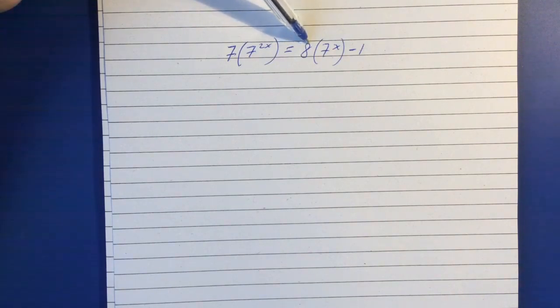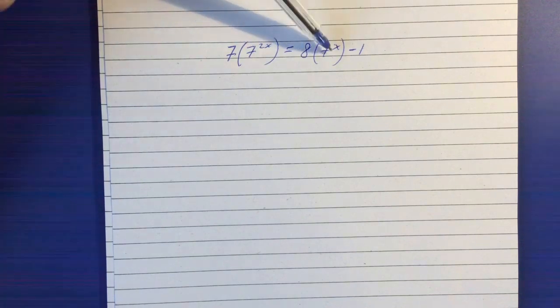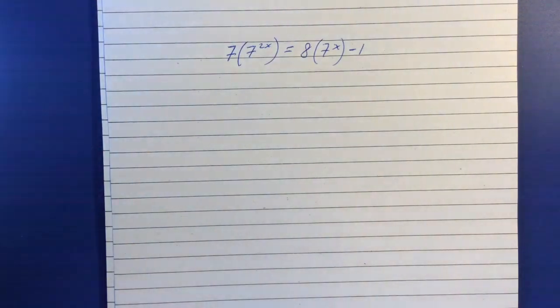This 8, for instance. What do we do about that? What do we do about the fact that this is 2x and that this is x? Well, we apply a few rules.